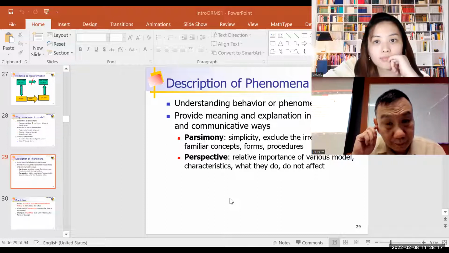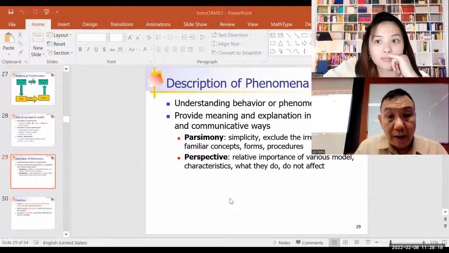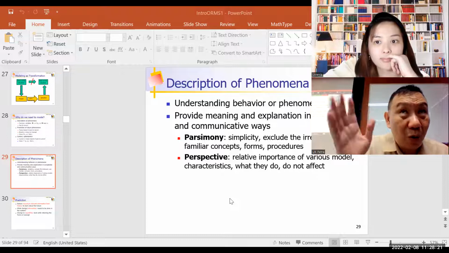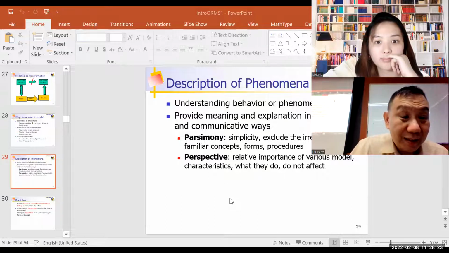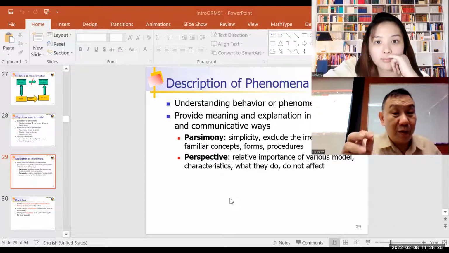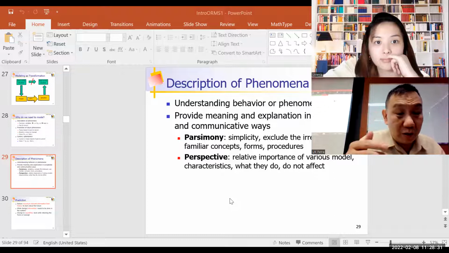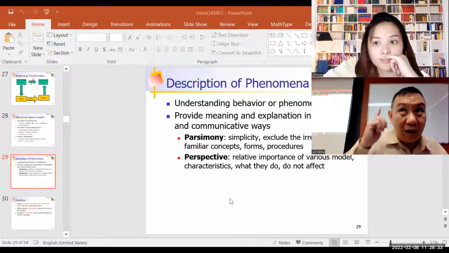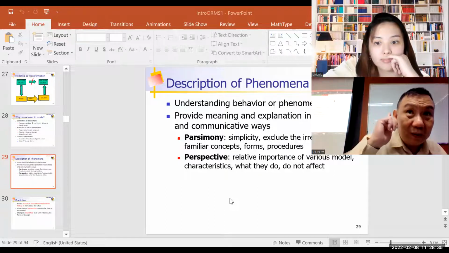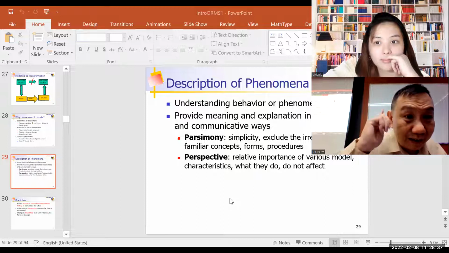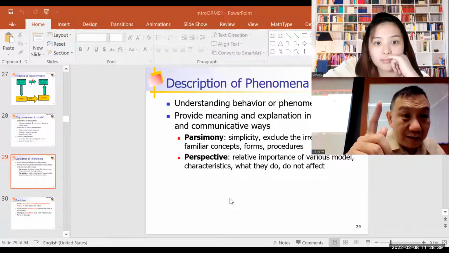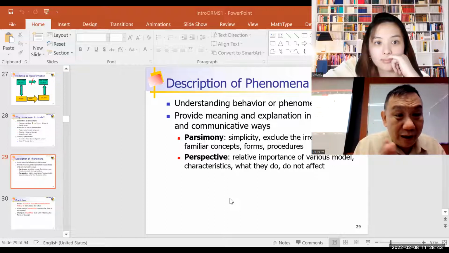Say for example you want to model a road. In the road, you probably want to simplify. In the road there probably are vehicles, right? There is the road itself, the width, and so on. But along the road there is also an electricity line, the internet line, right? Will you include or exclude, depending on your purpose?